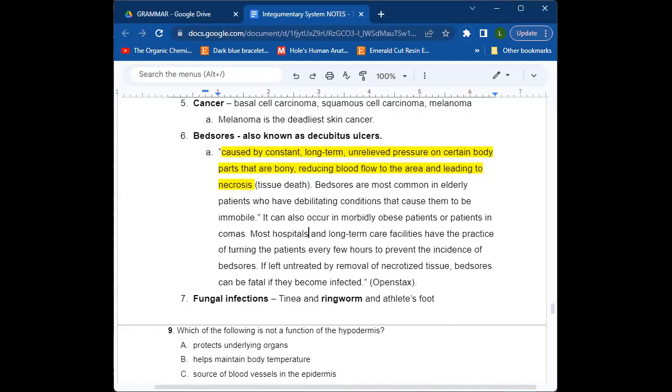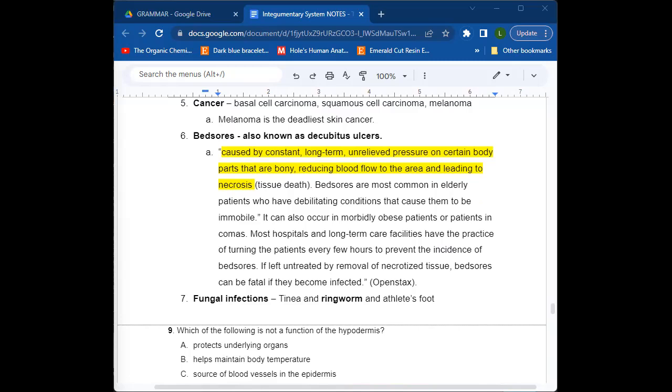The best way to treat them is to prevent them. We're supposed to prevent them from forming at all. The way to prevent them is by changing the position of the patient, rotating the patient.